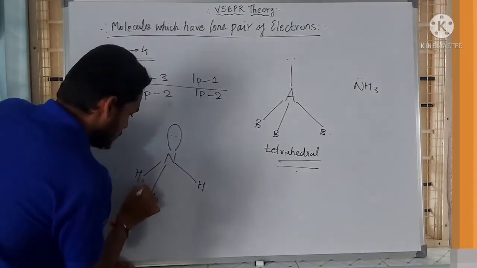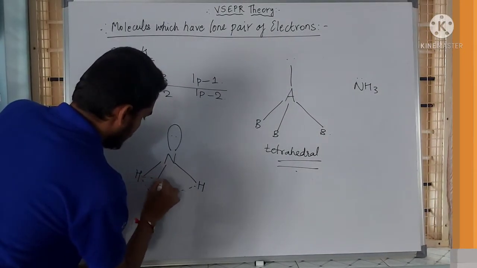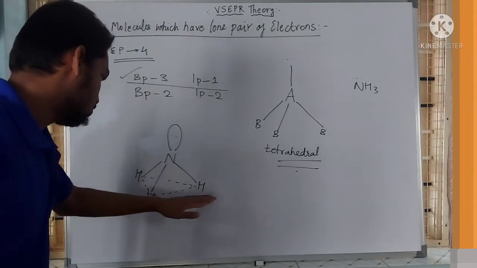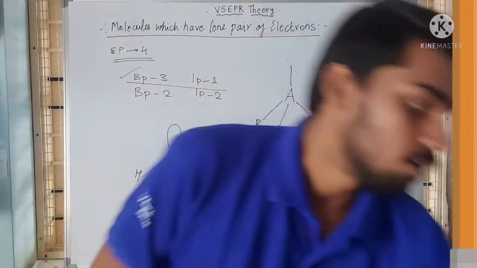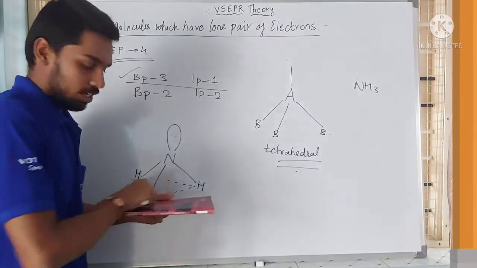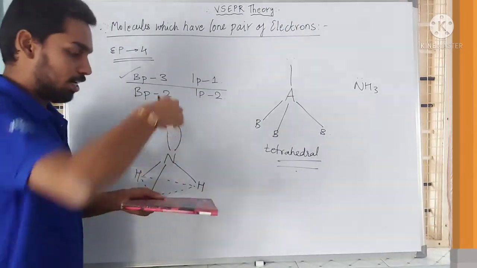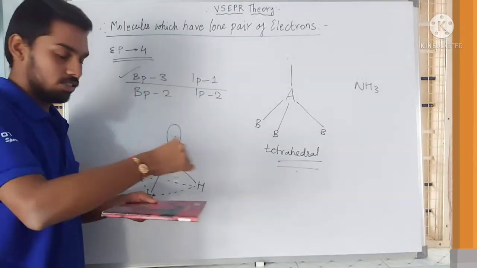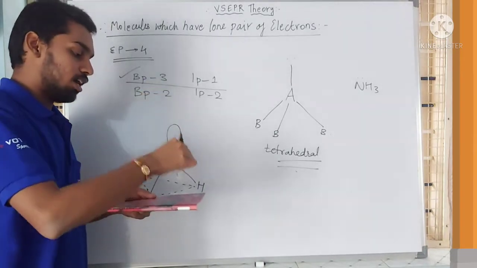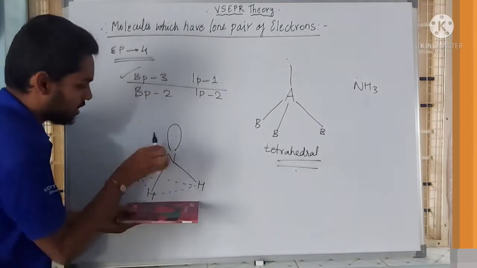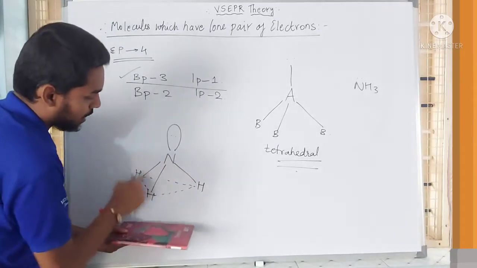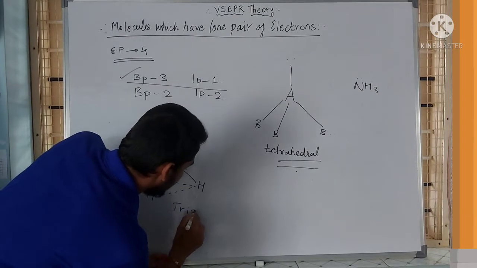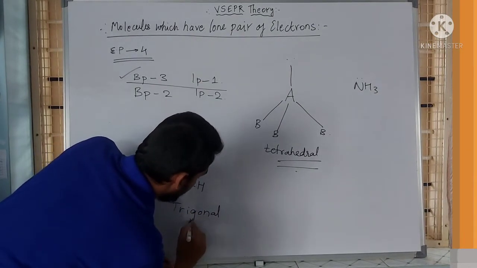Just join these and you are going to see that it forms a trigonal planar structure below. Above that plane I have a nitrogen, above these three hydrogen atoms forming a plane. So it forms a pyramid-like structure. We can write the geometry as trigonal pyramid.